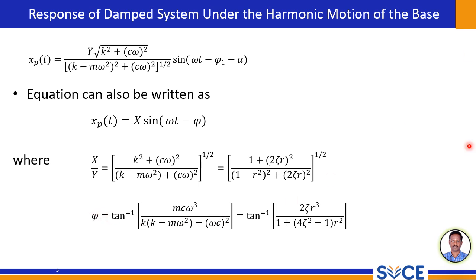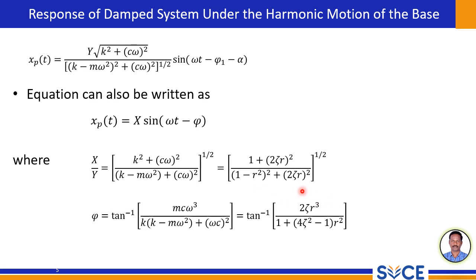By expressing the equation in terms of frequency ratio r, which is omega by omega n, and damping ratio zeta, which is c divided by 2 square root of m k, we get a simplified form, more convenient for plotting and analyzing the system's response for different values of r and zeta.